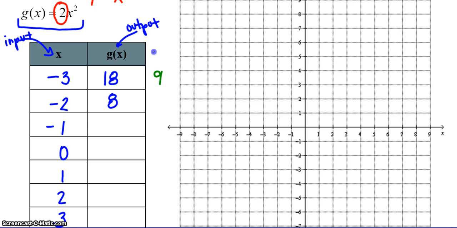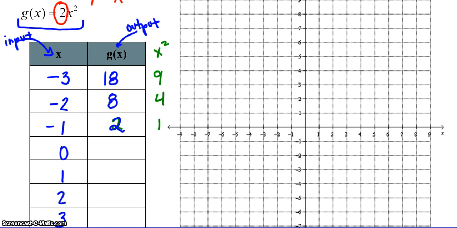When I put a -2 in, we'll look at just the x squared. -2 squared is 4, but then we're multiplying it by that coefficient of 2. 4 times 2 is 8. When I put a -1 in, -1 times -1 is 1, and then I multiply it by 2 for our function, 2x squared, and I get a 2.